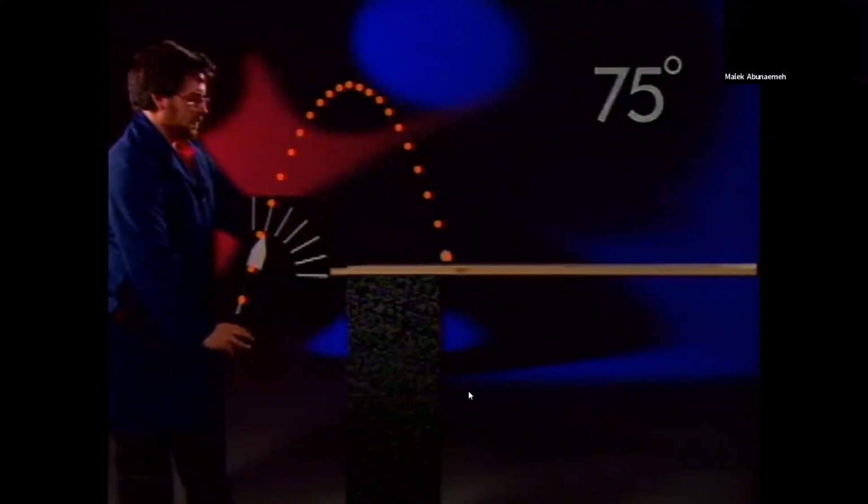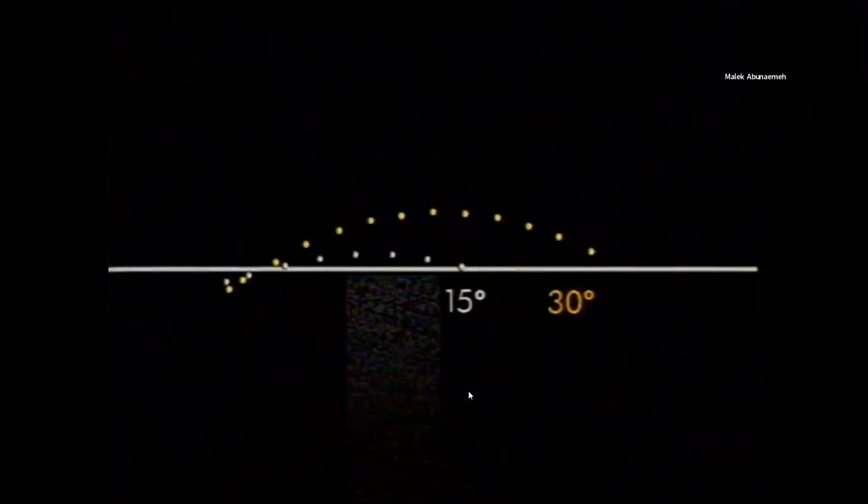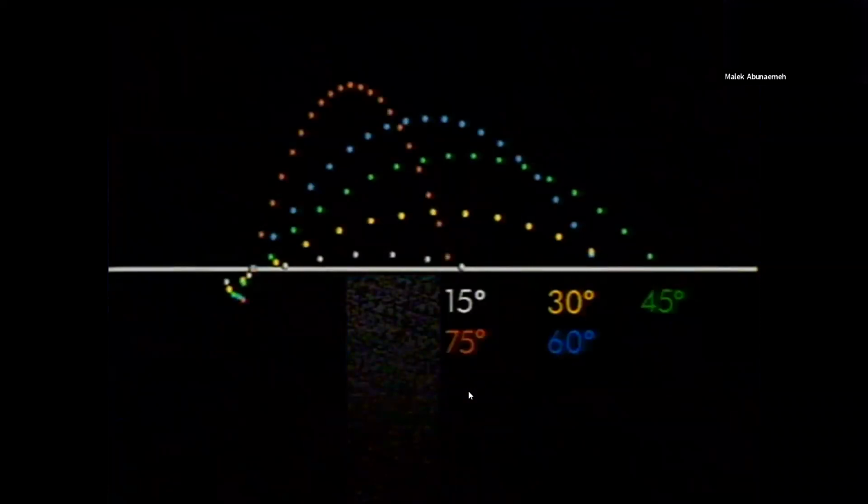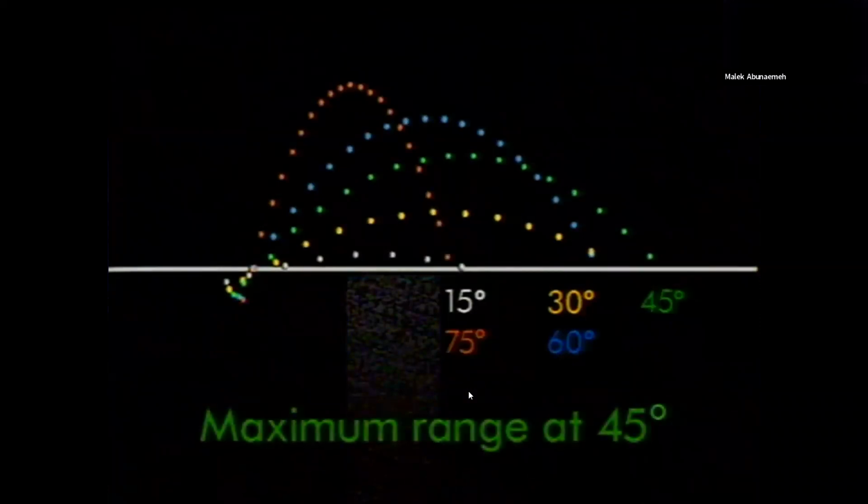According to this, 45 degrees would be the angle for the maximum distance.